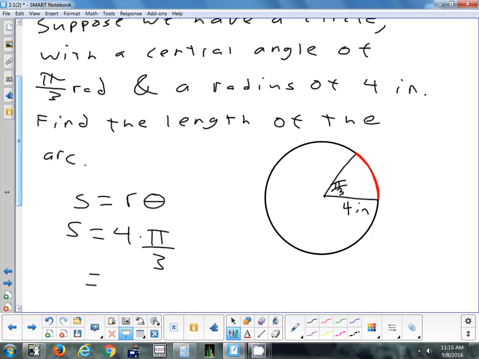Just multiply it together, and you get 4 pi over 3. That's my arc length. Now, since it's a length, what's the unit in this problem they use for length? Inches. So the length of that arc in red is 4 pi over 3 inches.